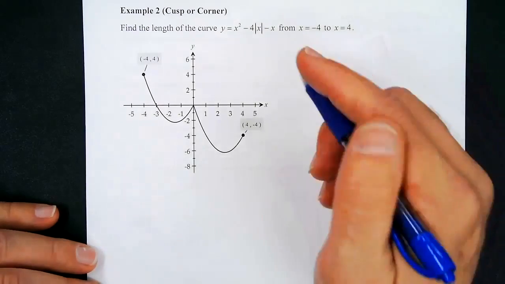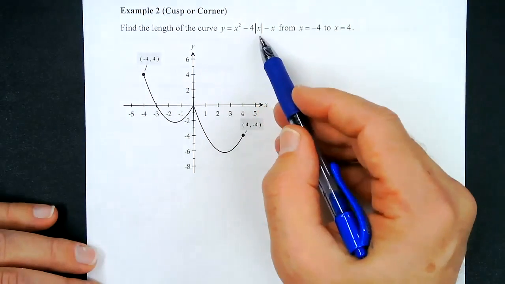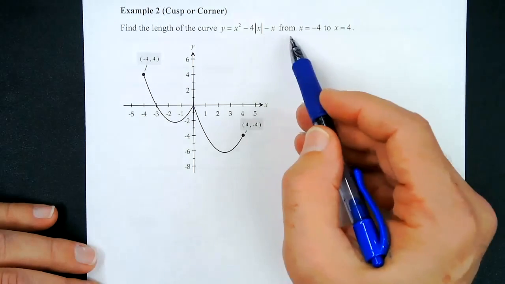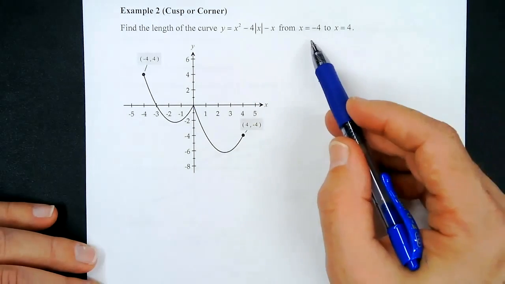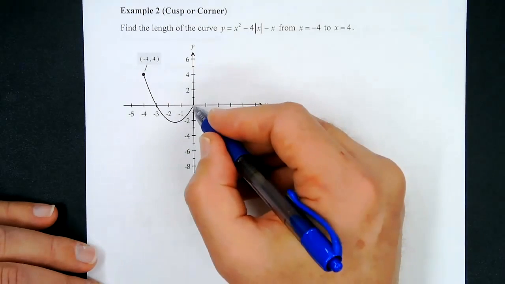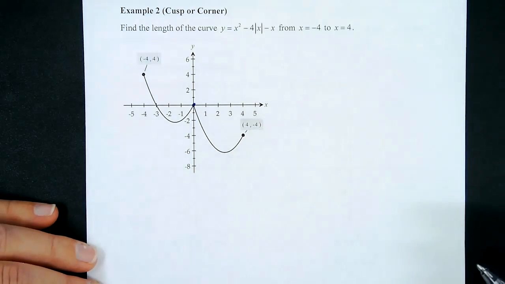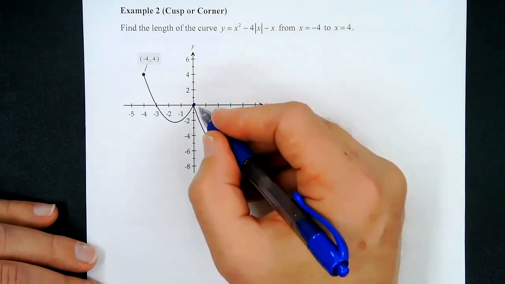Okay. So here's another problem. This is the function y equals x squared minus 4 times the absolute value of x minus x. And we want to find the length of this curve from x equals -4 to x equals +4. So here there's a problem at x equals 0, but it's not because there's a vertical tangent. There's actually a corner there.